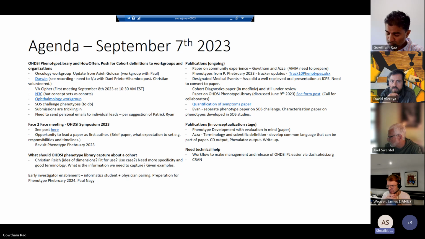I do think people think of phenotypes as a concept set as well, but from a technical perspective, I think we need to think of the unit of the library as a cohort definition and not a phenotype, because of the way the OHDSI stack is built. This is my opinion. But I do think we can have a repository for well-kept concepts that either attach or don't attach to a phenotype definition or cohort definition.